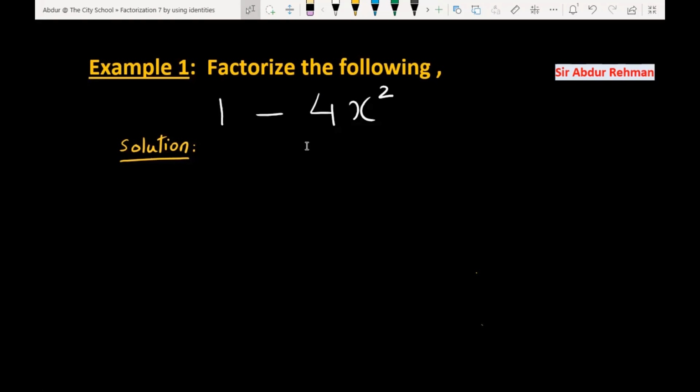So before factorizing this expression, recall the identity a square minus b square equals a minus b times a plus b.